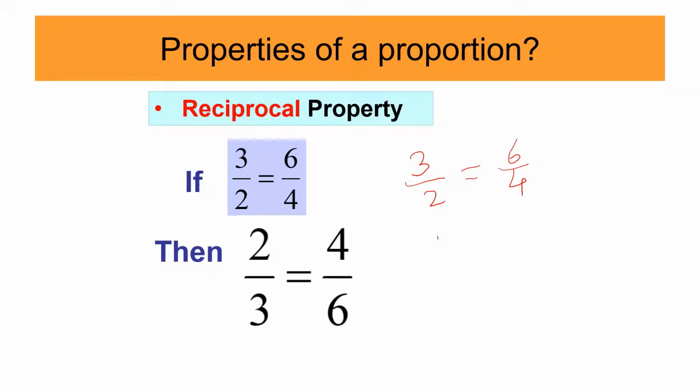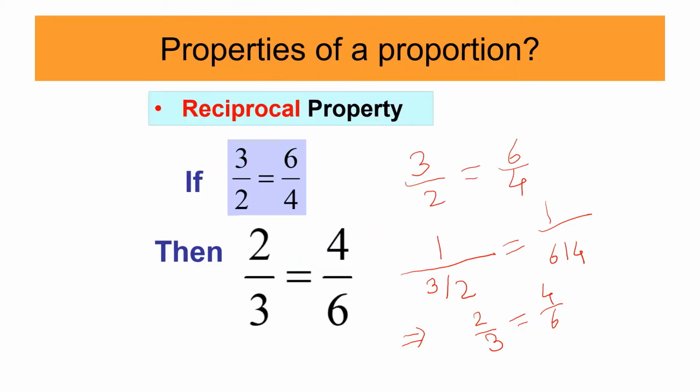Again, we take their reciprocal. So we write 1 divided by 3 by 2 is equal to 1 divided by 6 by 4. If we simplify these, we can write 2 by 3 is equal to 4 by 6. This is called the reciprocal property.